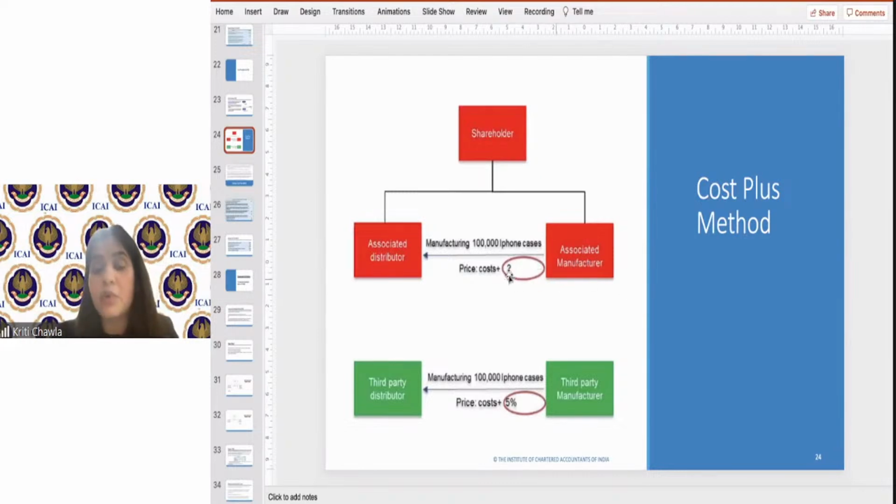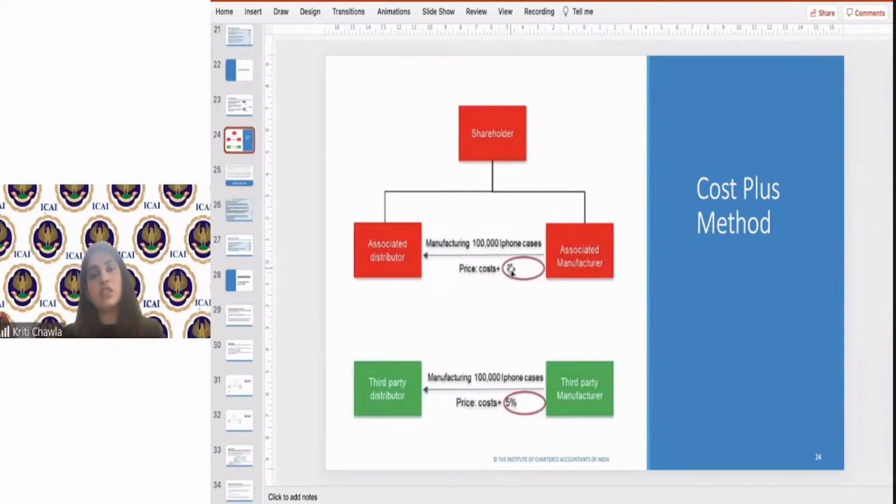How do we find out that profit margin, or the cost plus, or the markup in this situation? We'll look at any third party manufacturer who is also manufacturing and selling 1 lakh iPhone cases to a distributor. We see that they are earning a profit markup of 5%. So we'll adopt this markup as the ALP for our situation.